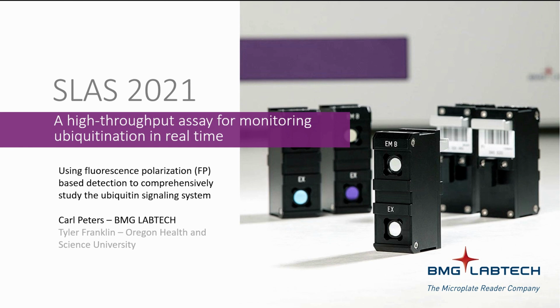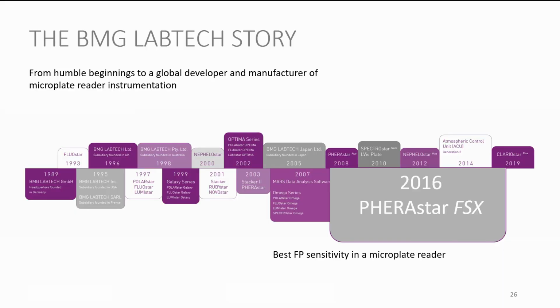Before we close, I would like to take a moment to tell you a little bit about one of our other excellent fluorescence polarization readers. That being the CLARIOstar FSX, which is the latest edition of our high-throughput screening instrument, the PHERAstar.